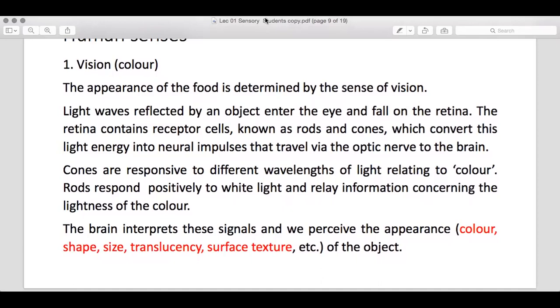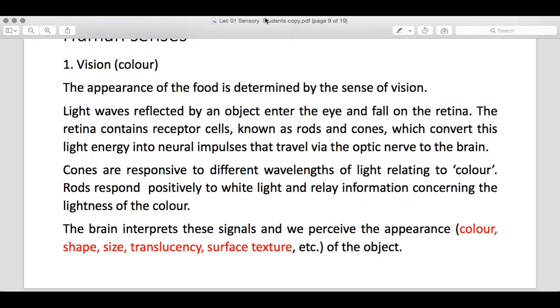The reflected light waves create an image on our retina. You know what the retina is, and there are 2 types of cells, rods and cones. You know how our human eye works.